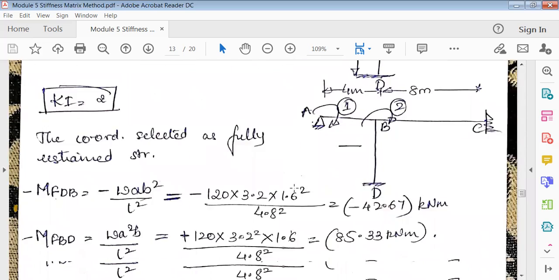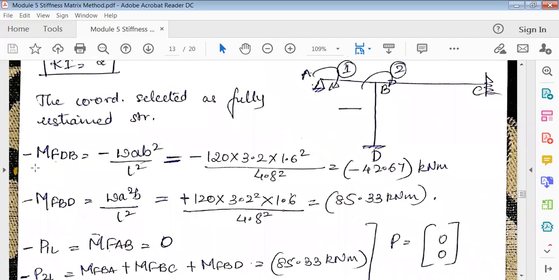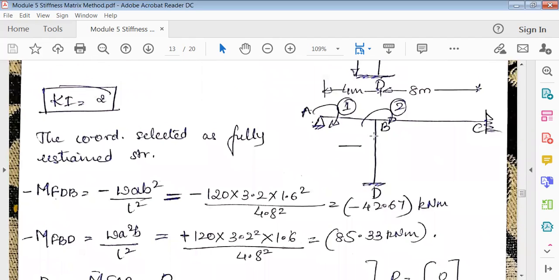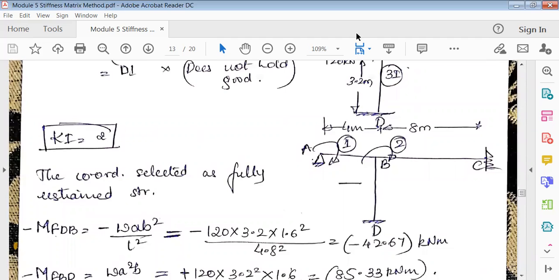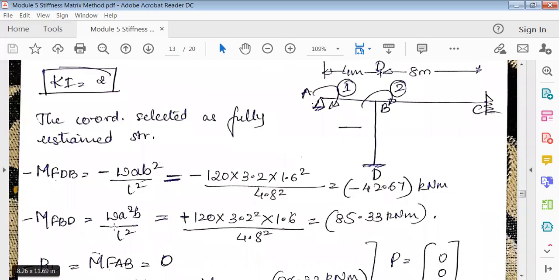Because there is a load in BD, only that portion matters, that is MDB. MFDB is equal to, from this end, always you should choose like this, minus W a square b by L square, for eccentric loading. And MFBD is plus W a b square by L square. Then substitute the values and you'll get these moments 1 and 2.